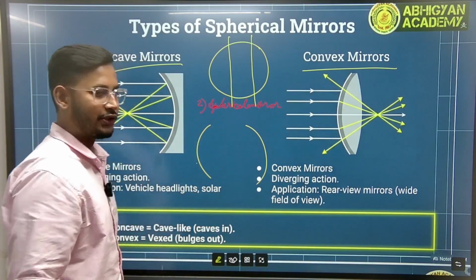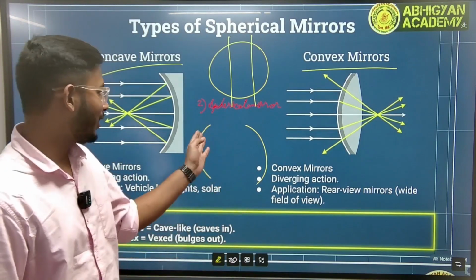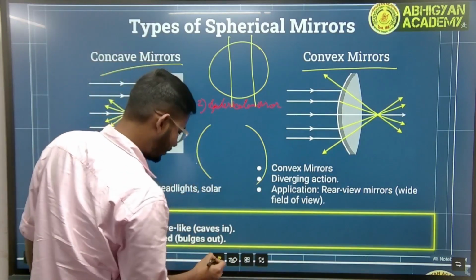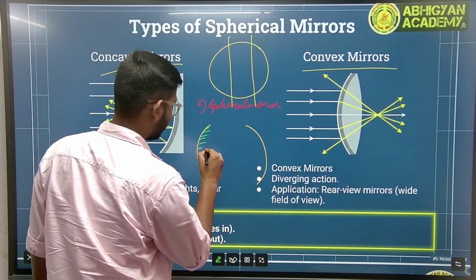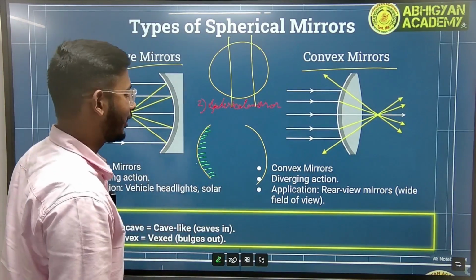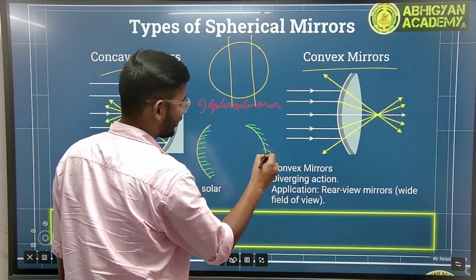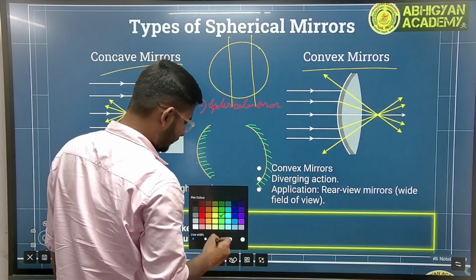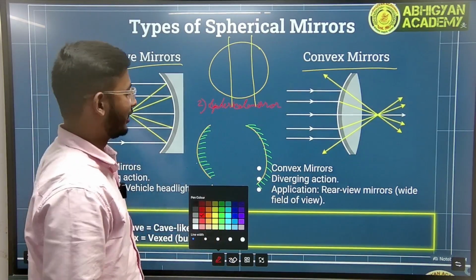Now, if we polish or paint one side of these parts, let's say we paint in this surface on this part, and in this surface we paint on this side, it will become a spherical mirror.